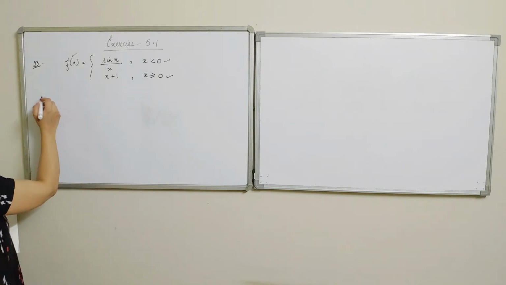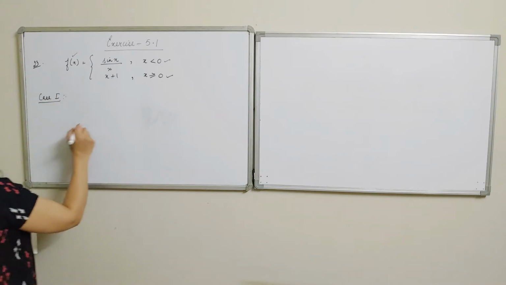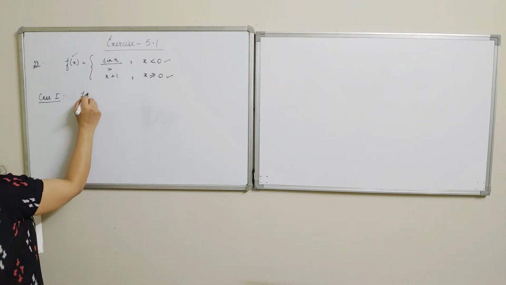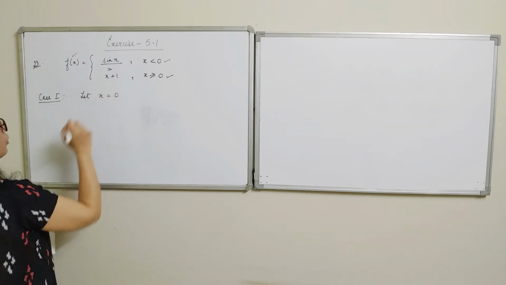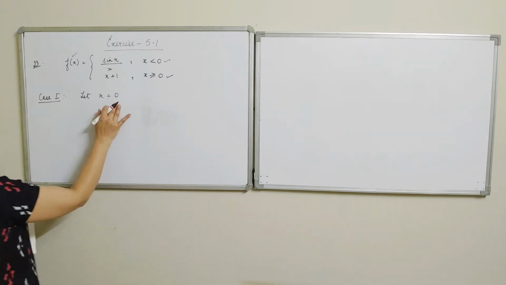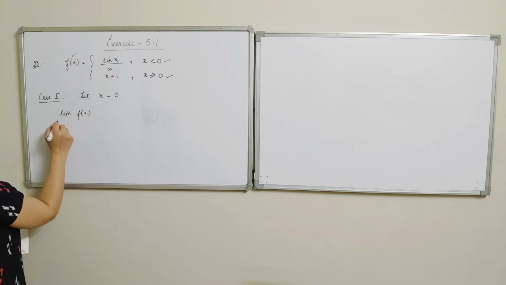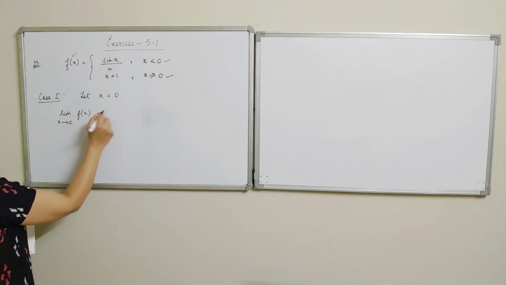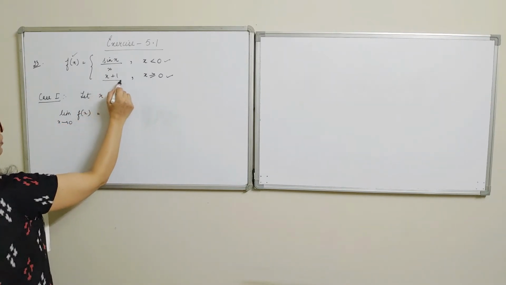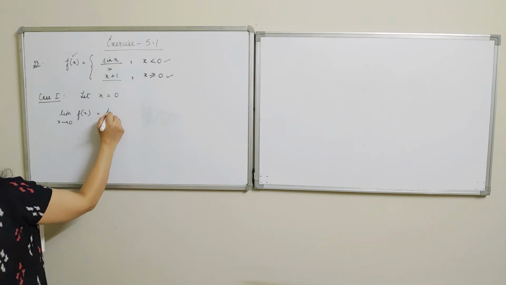So here we can take the first case to be a case where x is equal to 0. If x is equal to 0, the limit of the function when x tends to 0, our function is x plus 1.